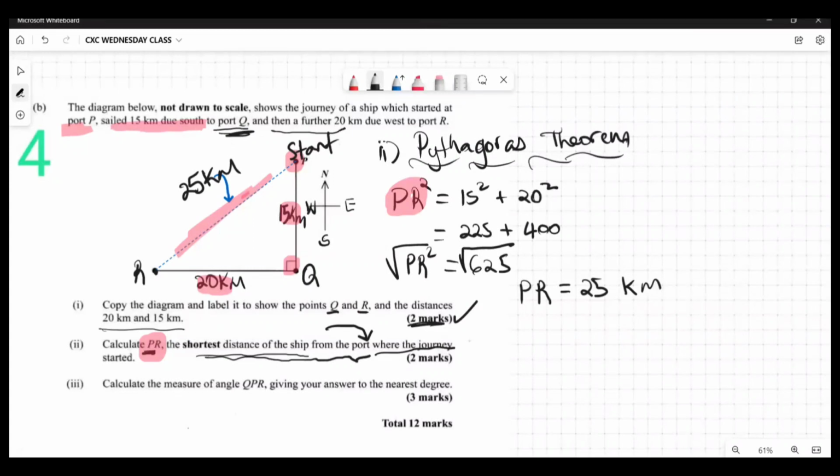Sir, in what case do we do, for instance, 15 squared plus 20 squared, and then minus 2 times 50 in brackets, 15 times 20, and something like that? Okay, all right. Let me tell you where you're going now. That's the topic that comes after this, and it is called trig rules.